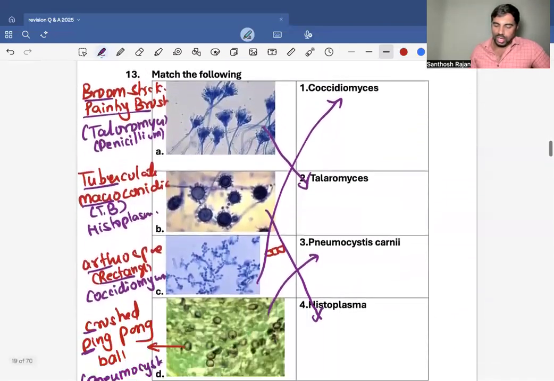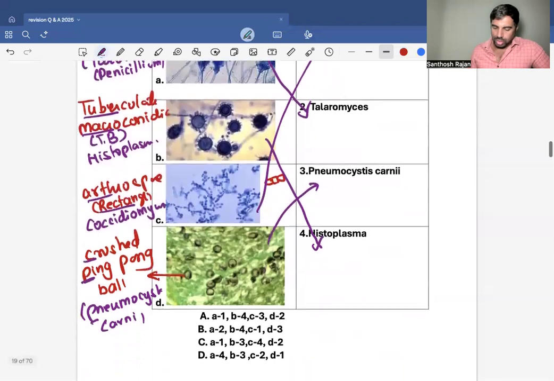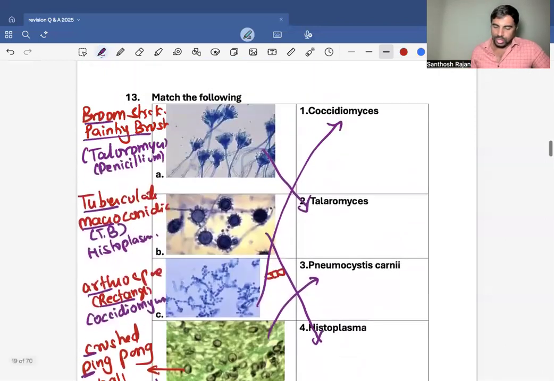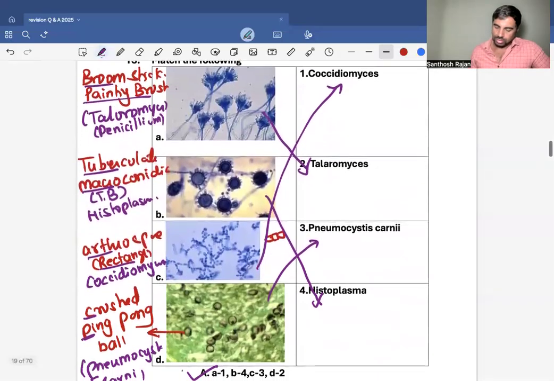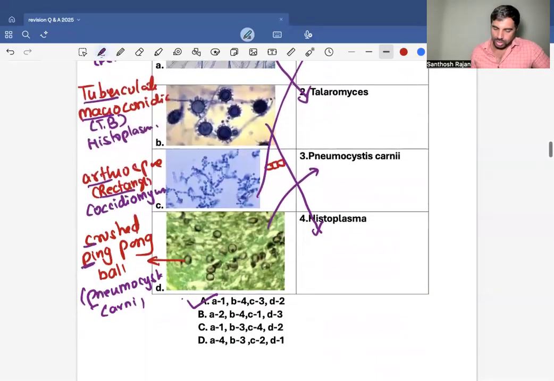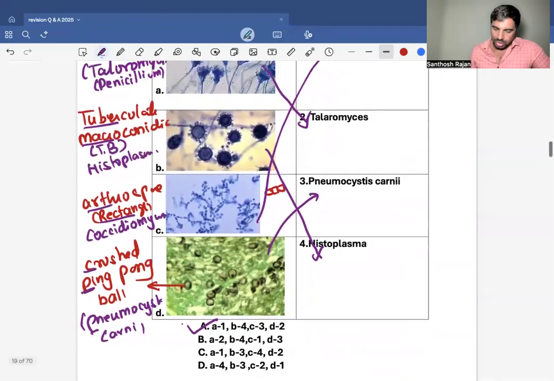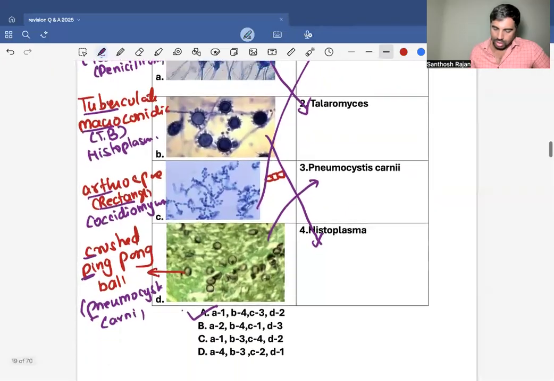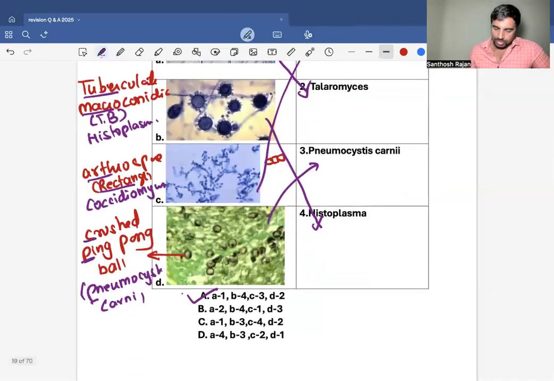Okay, so A is 2, B is 4, 3. Sorry, option mistake here.